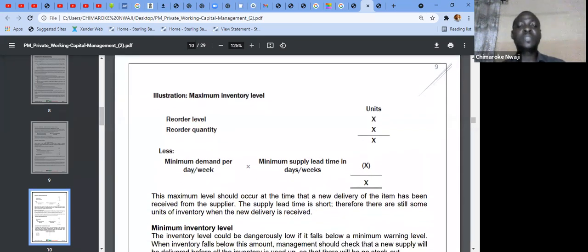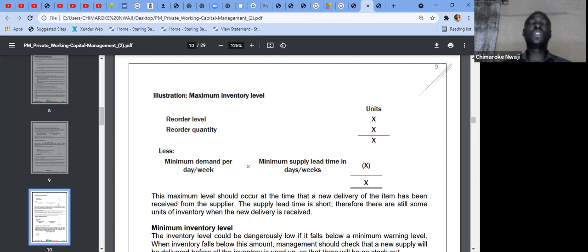So the maximum level should occur at the time that a new delivery of the item has been received from the supplier. The supply lead time is short, yes, and therefore there are still some units of inventory when the new delivery is received.